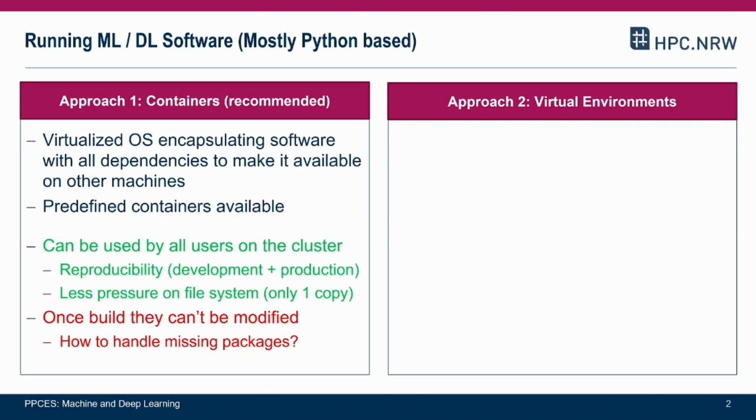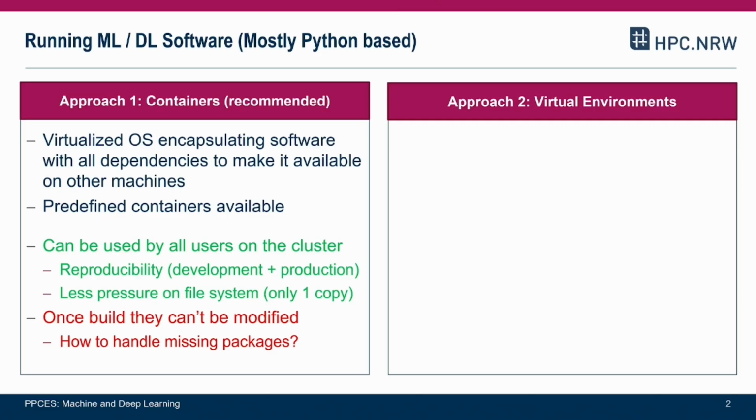Another thing that is pretty good on our system is that we have less pressure on the file systems. The background here is that if you install virtual environments by hand, every user has their own environment, and this consists of 100,000 or millions of files, several gigabytes.